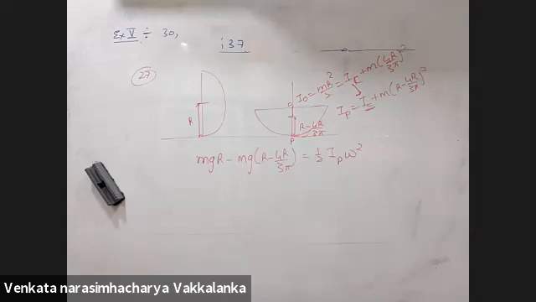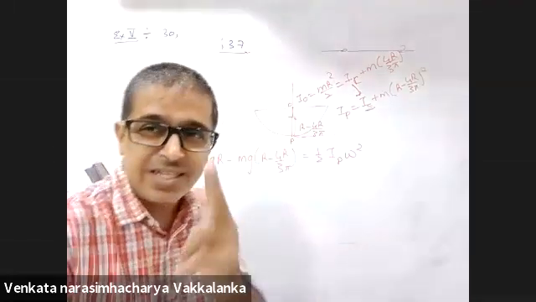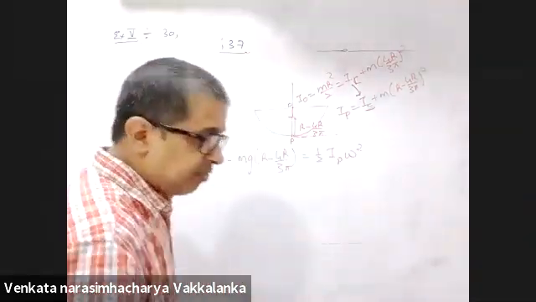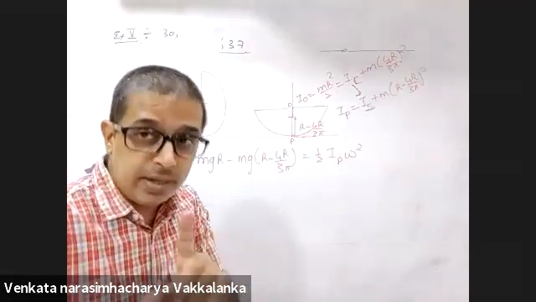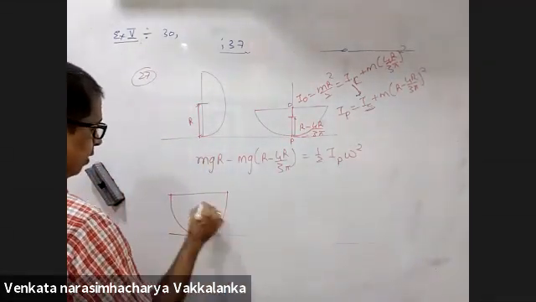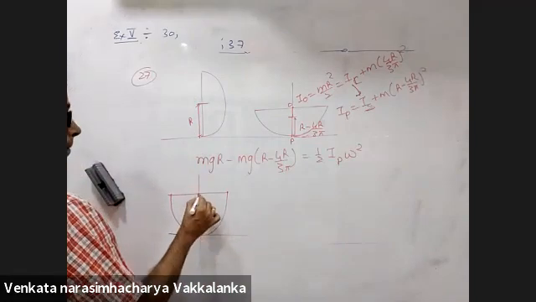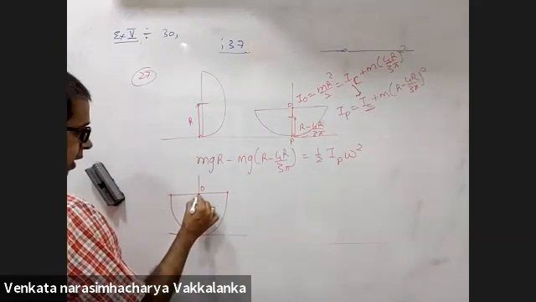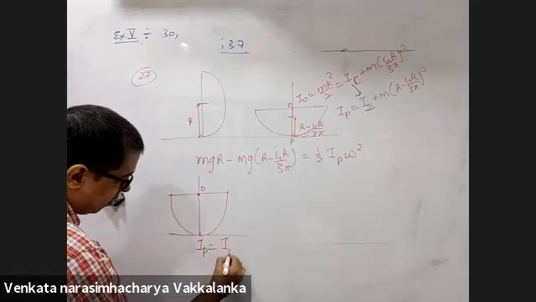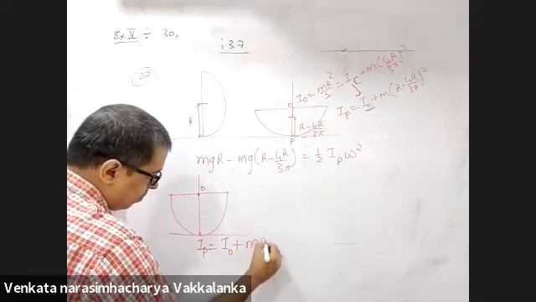So you could have taken I about P as I about O plus mR square, right? Tonight you will stand upside down for half an hour and send me the video, the full half hour, without fail. Now listen, never make this mistake. This is O, right? This is not the center of mass. I about P, if any one of you write I naught plus mR square.